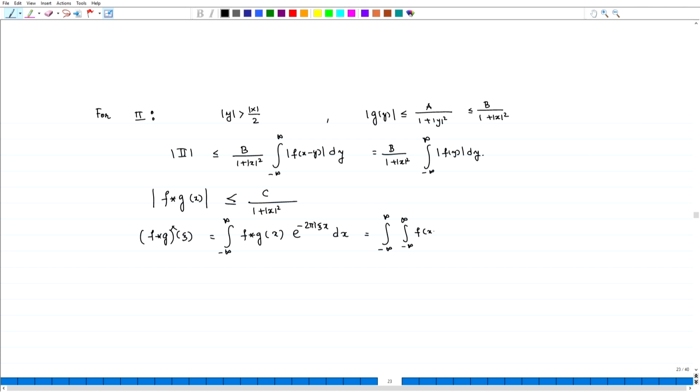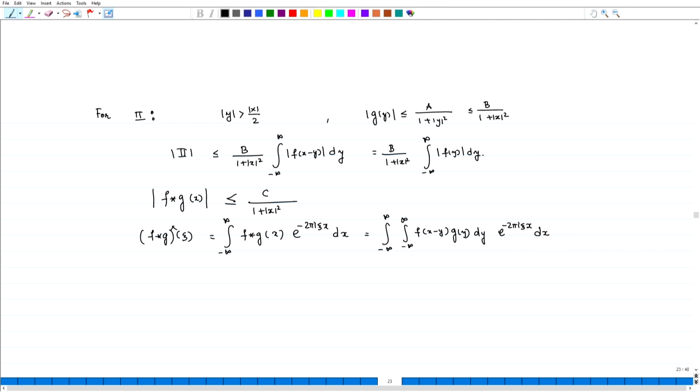This is f(x − y) g(y) dy e^(−2πiξx) dx. Now, both f and g have moderate decay.